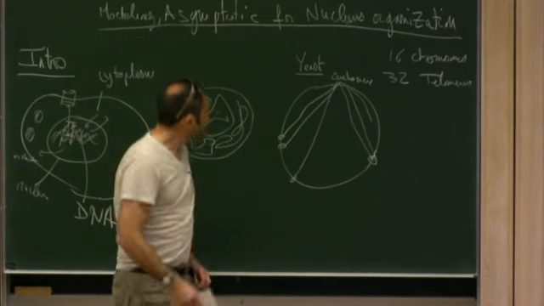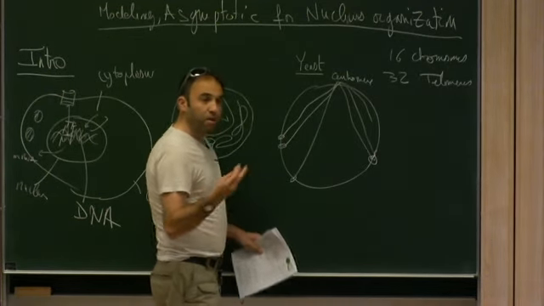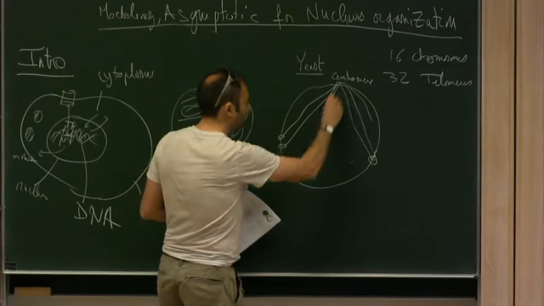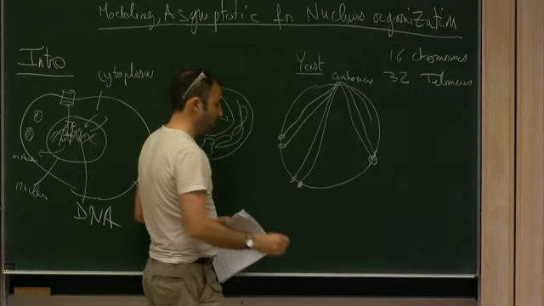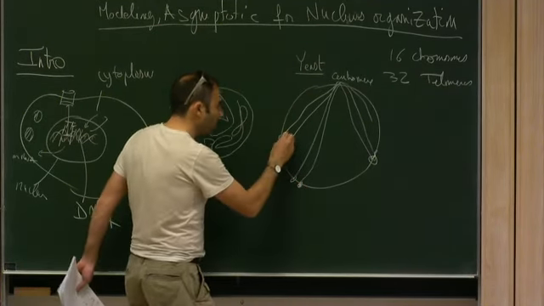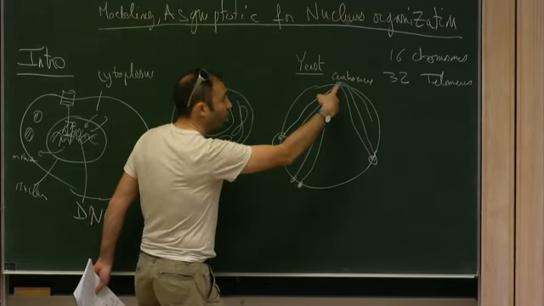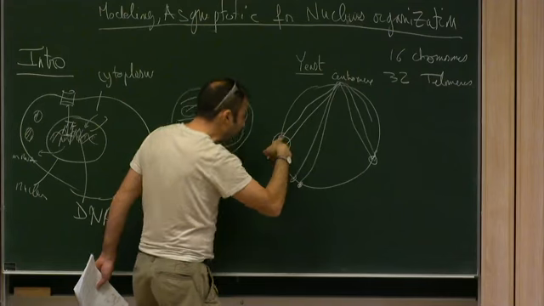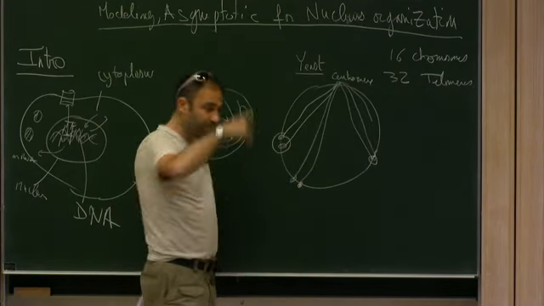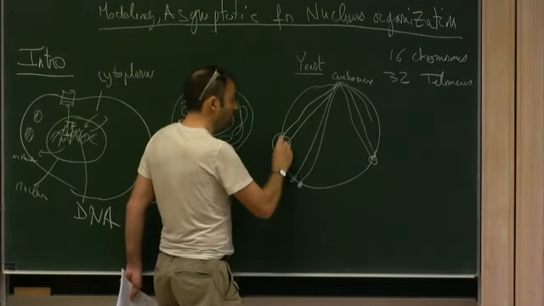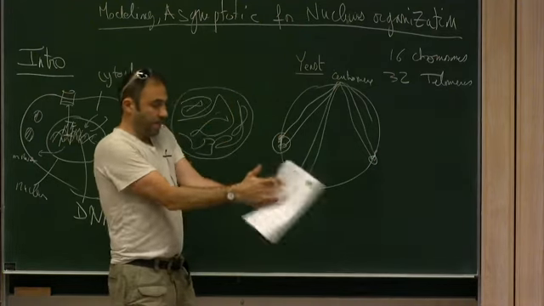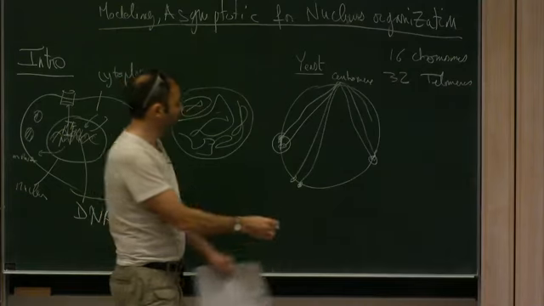Should be okay. And what people have found over the past 10, 15 years is that the ends of the chromosomes are exactly touching the envelope and they form clusters, which means that they come and can spend time together.